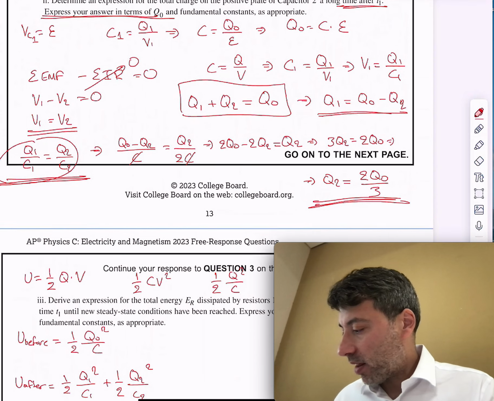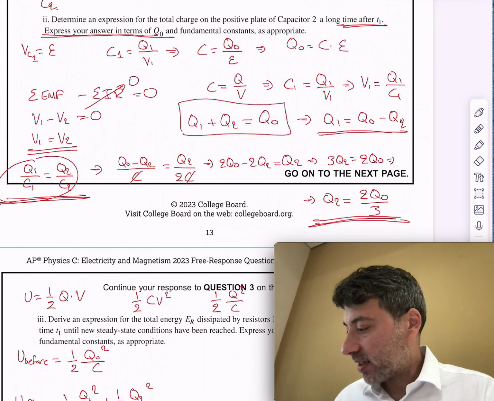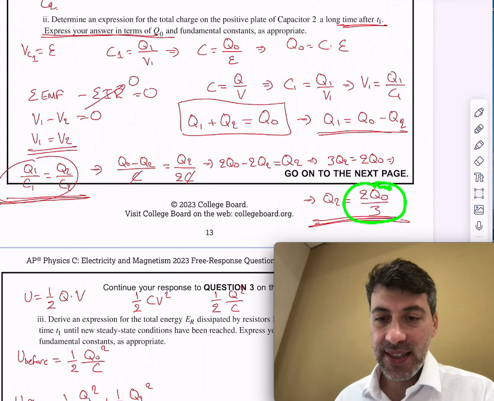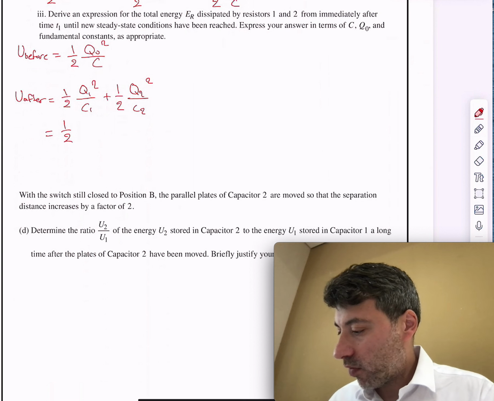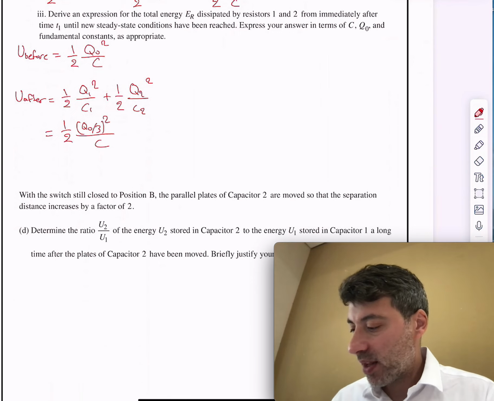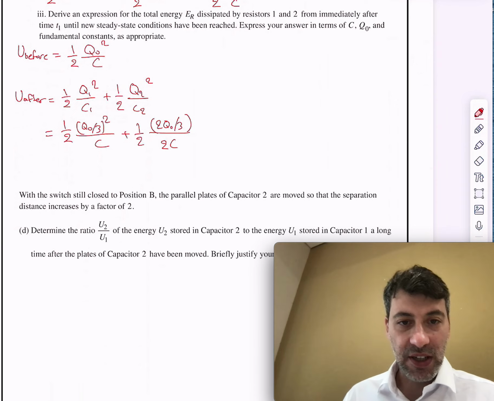The Q1, I think that we didn't find it, but since the charge on capacitor 2 is 2Q0 over 3, and the initial charge was Q0, then the remaining is the charge of capacitor 1, so Q0 over 3. So 1 over 2 times (Q0 over 3) to the power of 2 over the first capacitance, which is C, plus 1 over 2 times (2Q0 over 3) squared divided by the second capacitance, which is 2C.